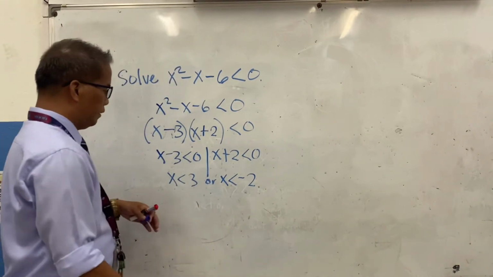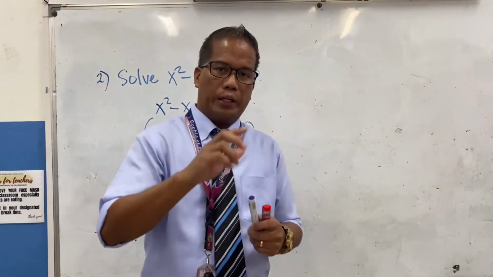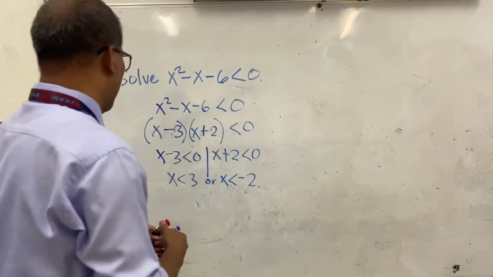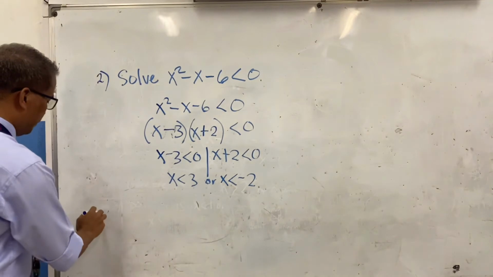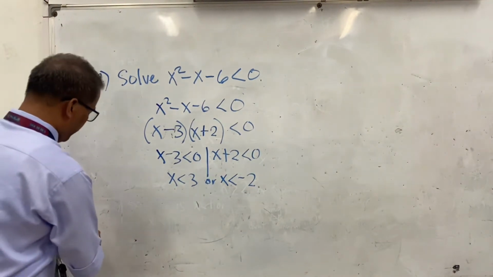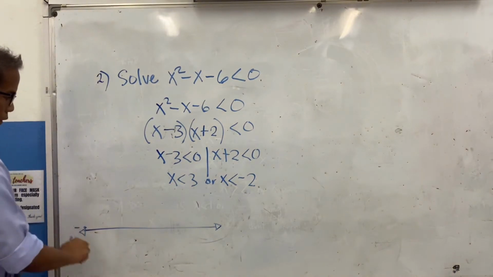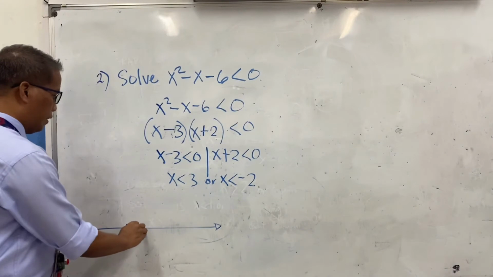And then to write your conclusion, we are going to use the sign graph. So let us write it here. Alright, so we will assign 0 here at the middle.